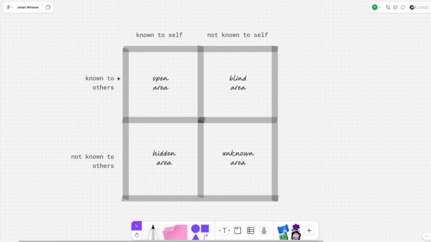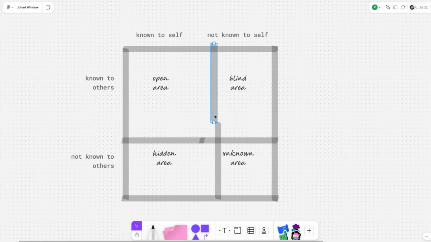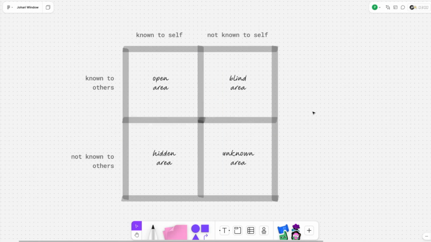This person tried it and they hated it or they loved it. So again, you made the unknown area smaller and the open area increased, right? So that's how the Johari window works: as much as you keep opening up the open area and move things from the blind, hidden, and unknown areas, you get the open area. And that's super helpful for building relationships and generally building brands, building business, building products, everything.